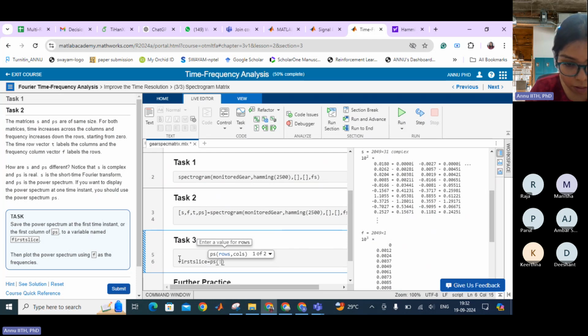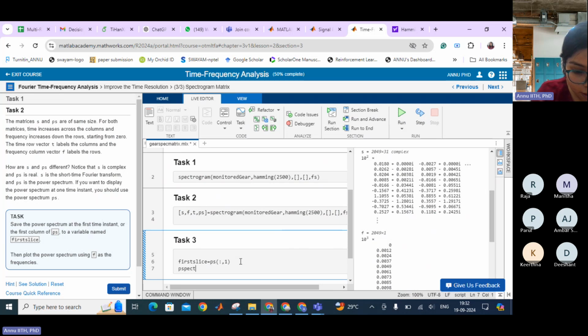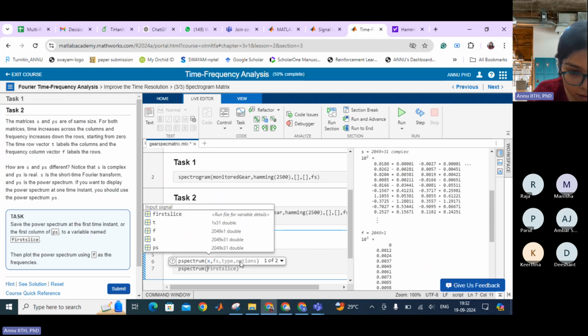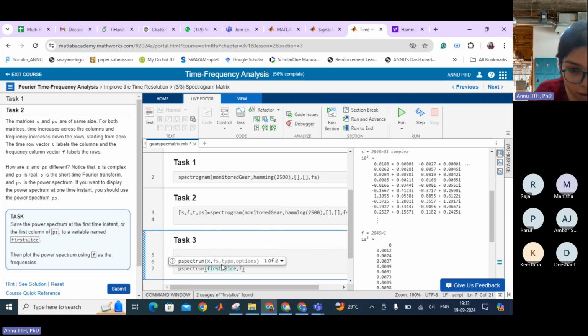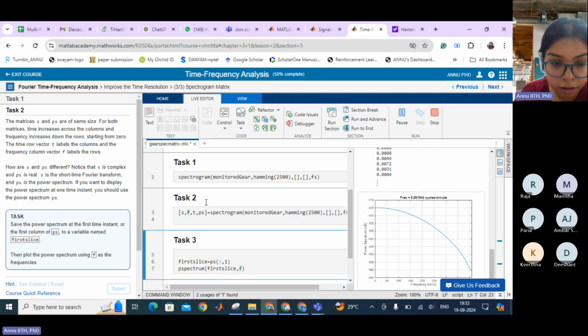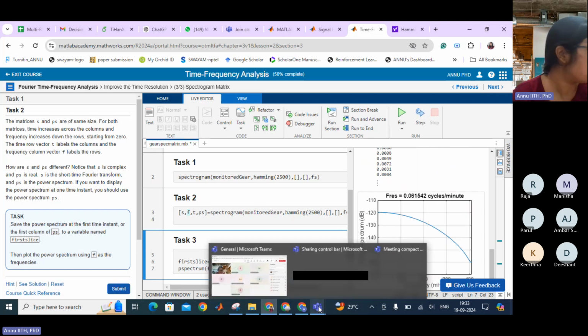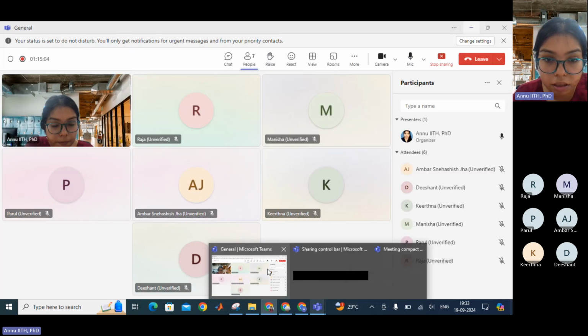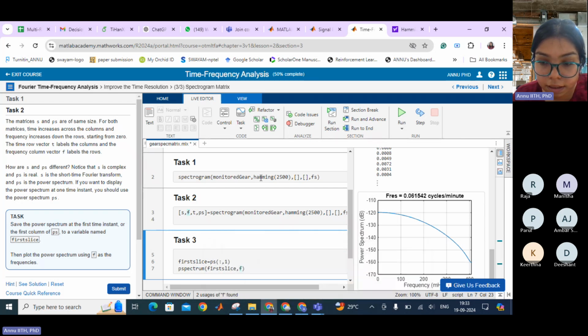Okay, so we want all rows, one column. So here we correctly did.